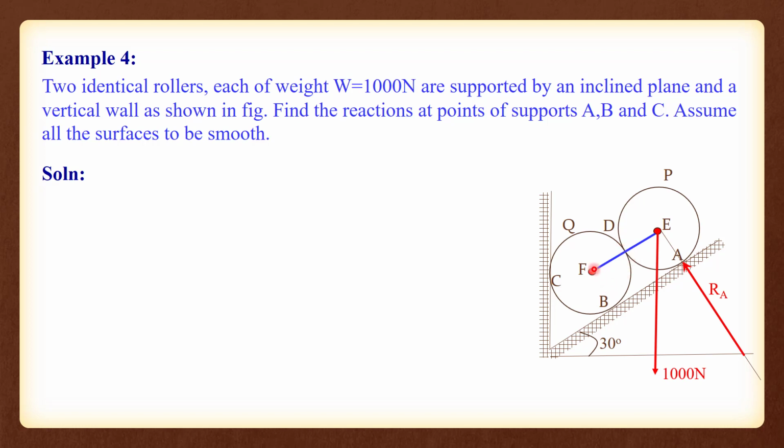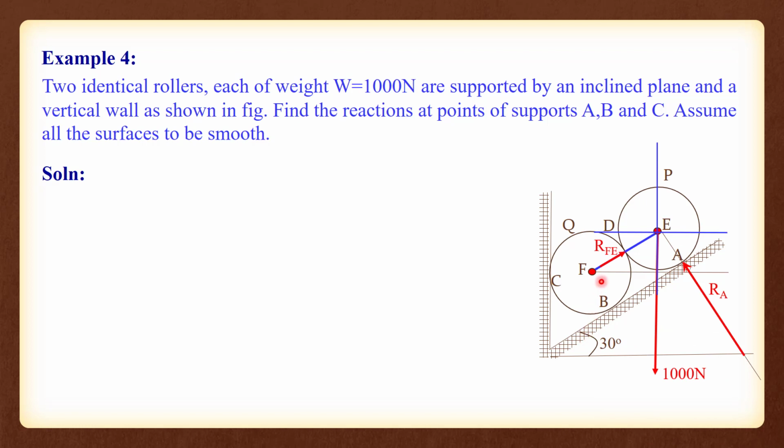So, here you are removing this Q. When you remove the roller Q, you need to replace that by the reaction exerted by F on E. So, you need to mark that reaction. This is the force which is exerted by the roller Q on P. So, these are the two unknown reactions, and this is the known force acting on the roller P.